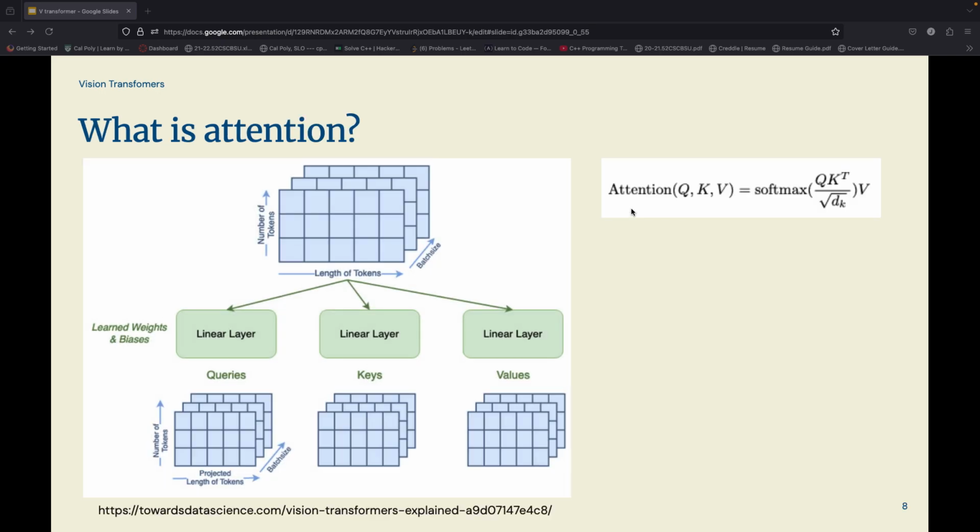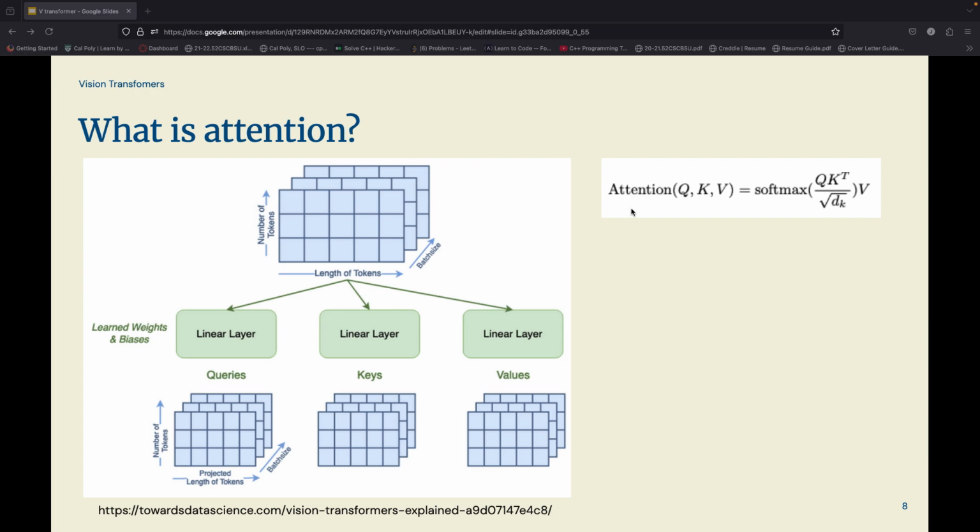Now that we have the entire architecture pretty much explained, we can now dive into what attention is. So, in attention, the first step is taking our original matrix of tokens and putting it into 3 different linear layers, each for each of these queries, keys, and values.